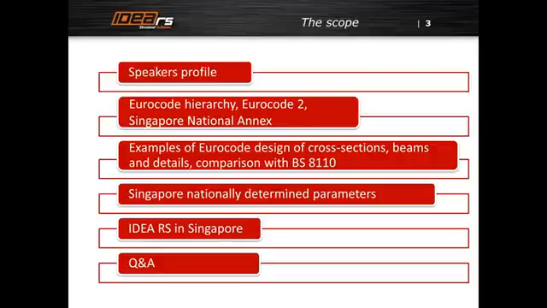Then I will show you a couple of examples of Eurocode design of cross-sections, beams and details, and I will also make some comparison with British standard. Then we will concentrate on Singapore nationally determined parameters, and we will tell you something more about our company activities in Singapore, and then we will finish with questions and answers.